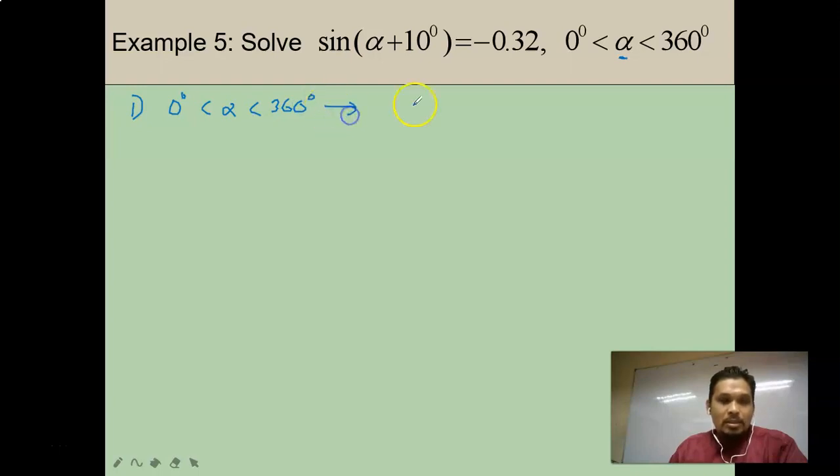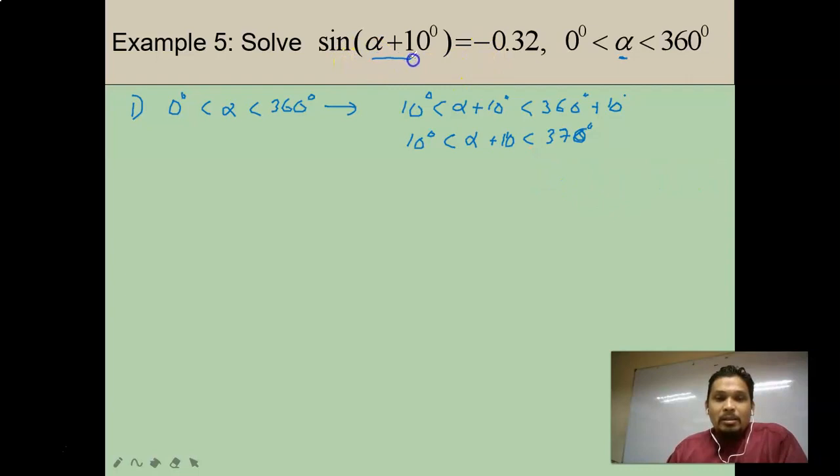Then alpha plus 10 degree: 0 plus 10 equals 10, and also 360 degree plus 10 degree, so alpha plus 10 is between 10 degree and 370 degree.